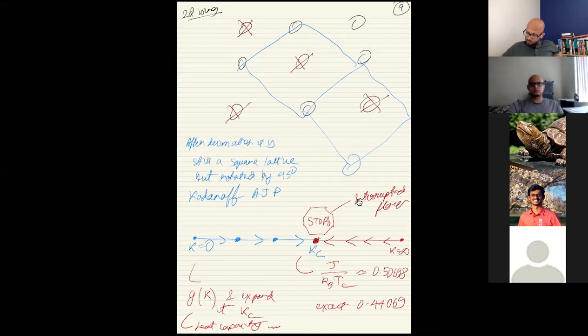And this shows us that the heat capacity is given by a function that looks proportional to 1 minus T by Tc to the power minus alpha, where this alpha is around 0.131.